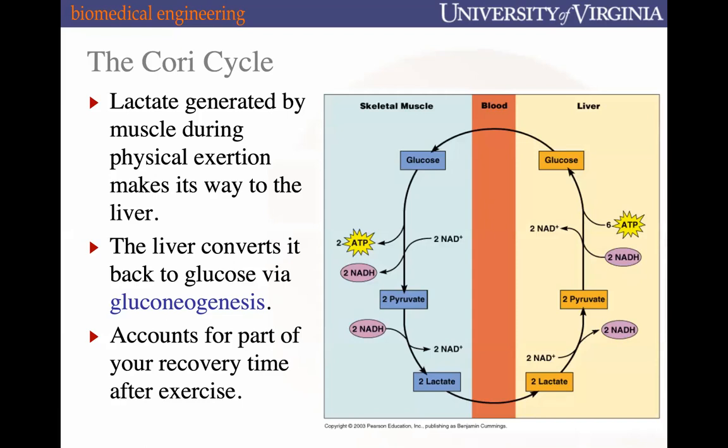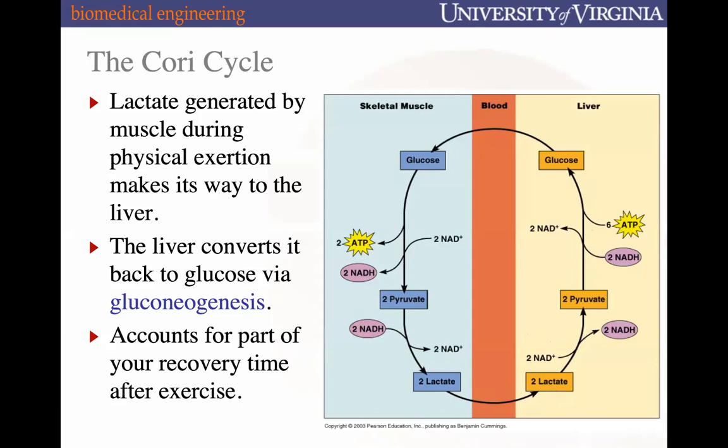Then we'll get 2 pyruvates again. We're still in an anaerobic environment. That will become lactate, and it'll be sent to the liver to produce glucose again. So it's less efficient than what we'll talk about next class, but with each glycolysis event, we're producing 2 ATP.